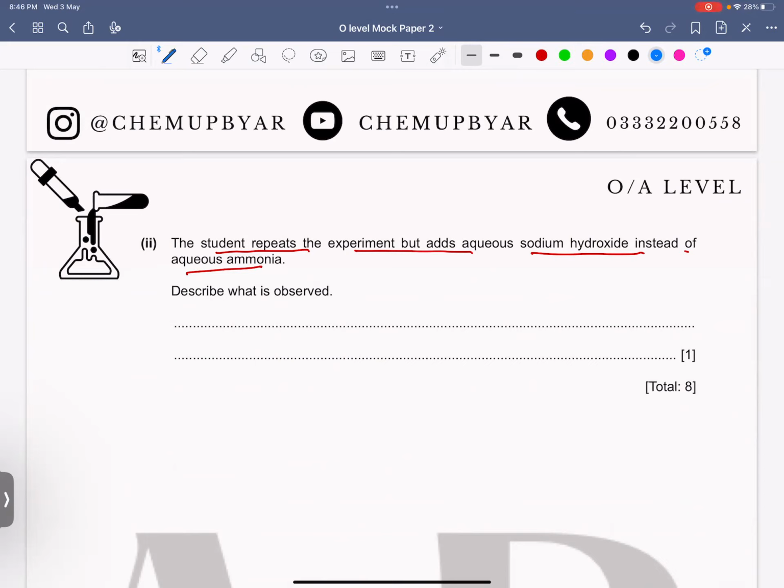So the initial observation would be that blue precipitates form which are insoluble in excess aqueous sodium hydroxide.